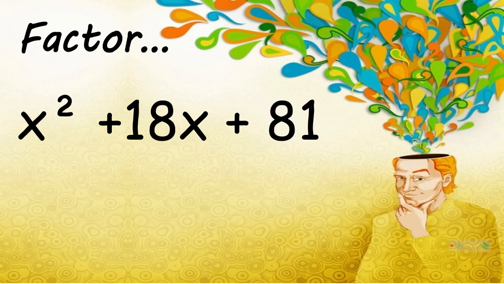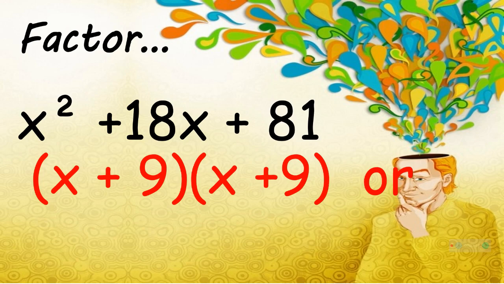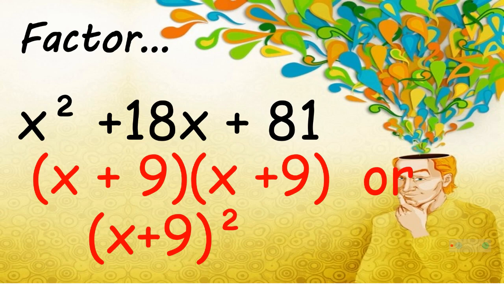So, for us to have the answer, let us have x plus 9 times x plus 9 if you are going to apply quadratic trinomial. Or if you are going to apply the PST, the rules in factoring PST, you will have here x plus 9 in quantity square. Okay?